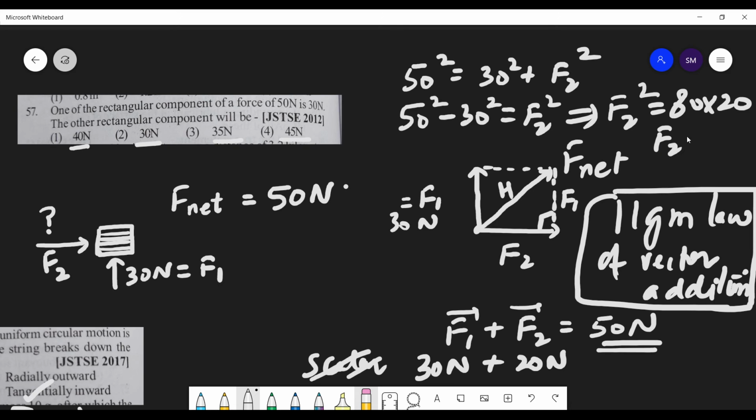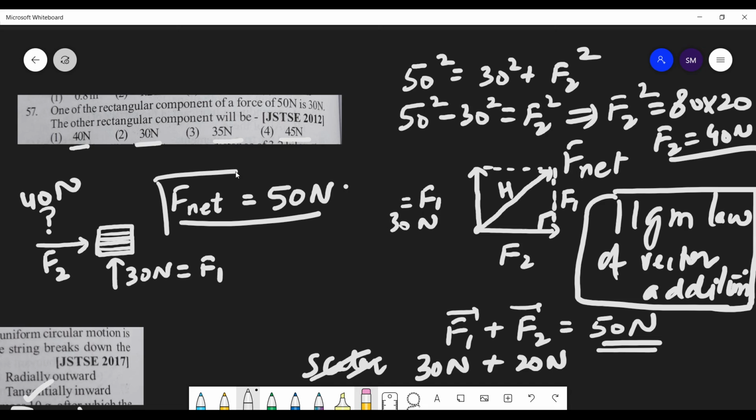So F2 is equal to 40 Newton. This boy is applying 40 Newton in this direction and this boy is applying 30 Newton in this direction. So the resultant was not 70, but the resultant was 50. So that's how vectors are added.